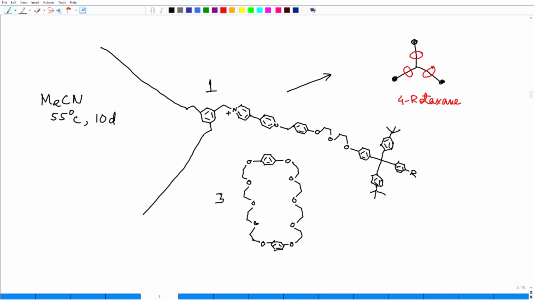So, a 4 rotaxane can be synthesized like that.